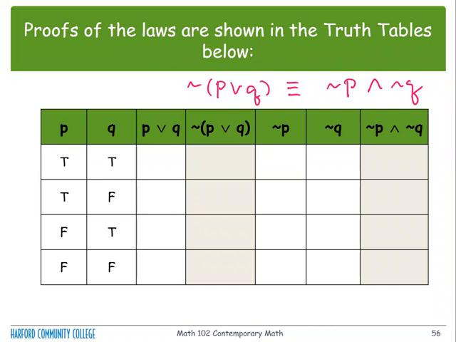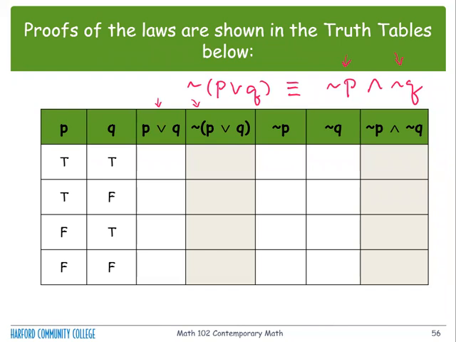We're going to construct a table for P and Q, construct the column for P or Q, and then form the negation as the compound statement on the left side of the equivalence symbol. And for the right side, we're going to need not P, not Q, and a column to combine them with the connective and.